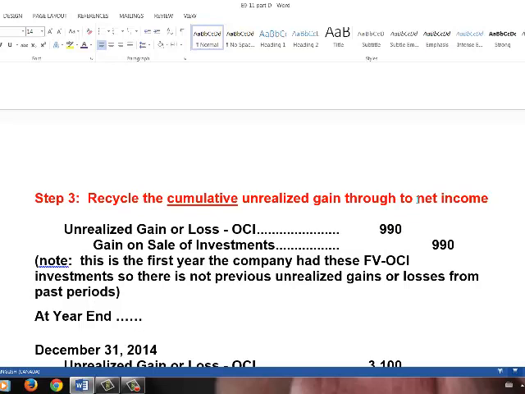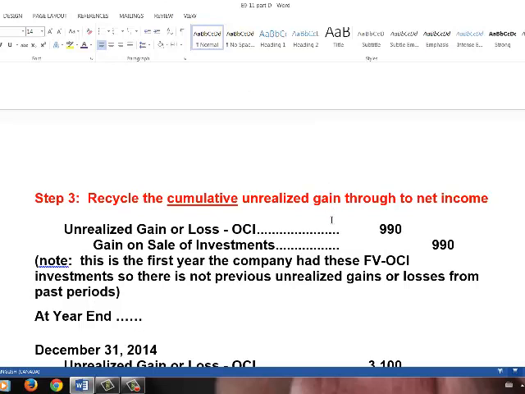Remember that under the current rules, we can either recycle through net income, or it's without recycling, which means it goes to retained earnings. This question specifically said that it is recycling, or with recycling, which means it goes through net income.